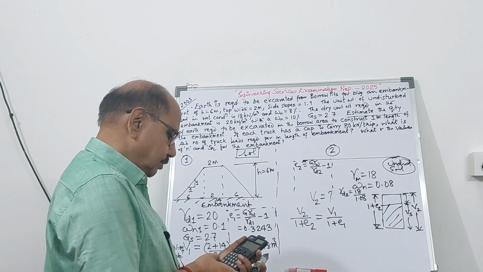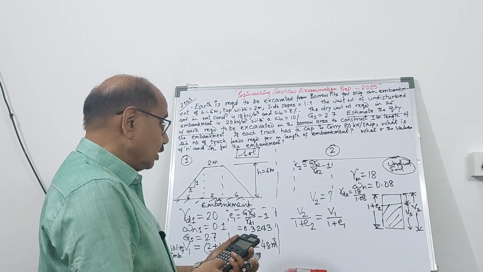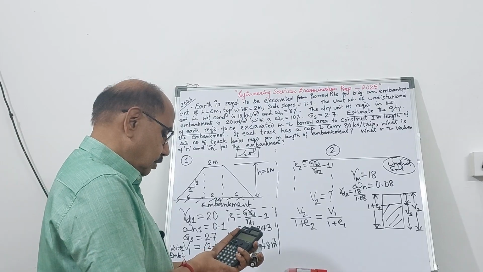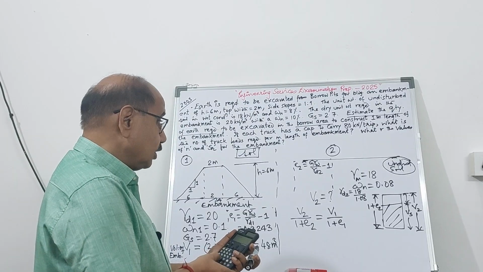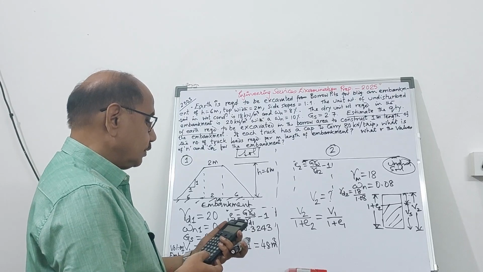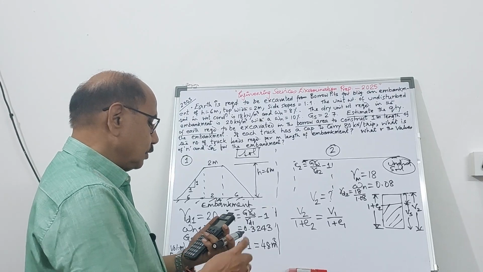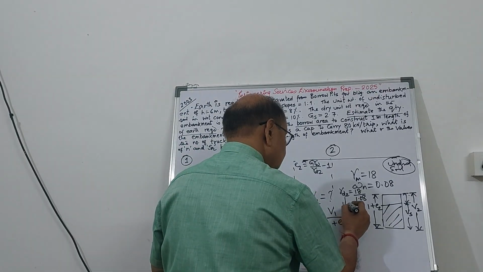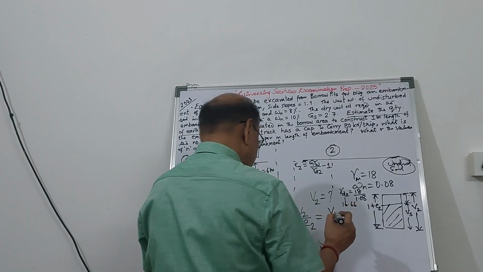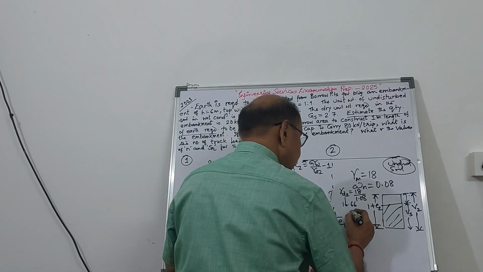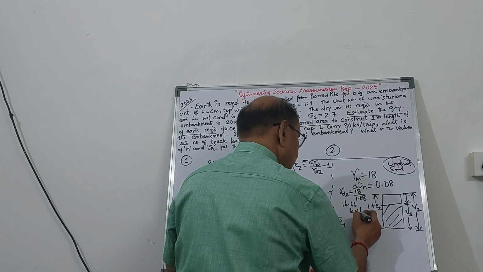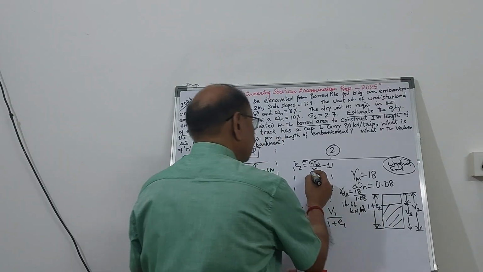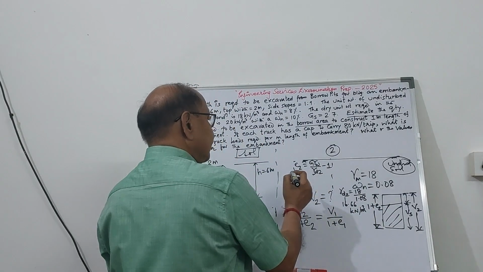So 18 divided by 1.08 is 16.66 kilonewton per meter cube. So gamma D2 is calculated.